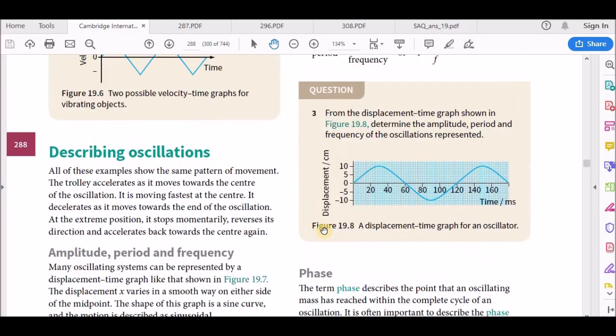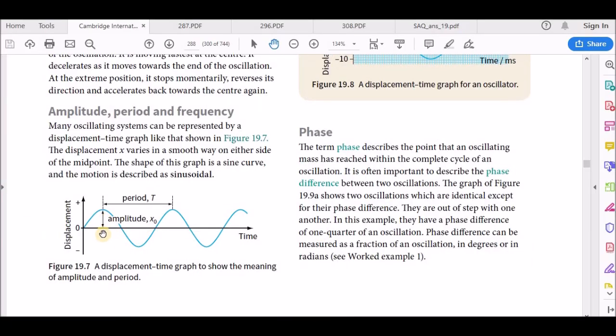All these labels are important. You can see here the maximum displacement is the amplitude, which is at the extreme positions at the two ends. Here we have positive amplitude, and from here to here negative amplitude, and this is the time axis. From one point on the wave to the next adjacent point, that is one period.